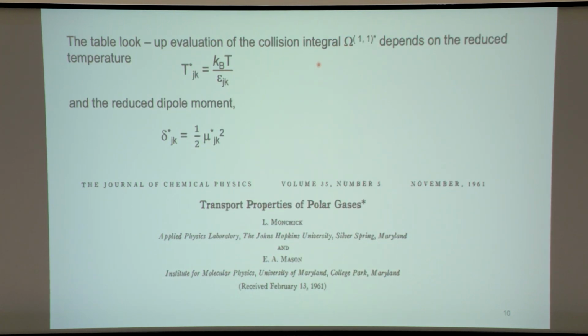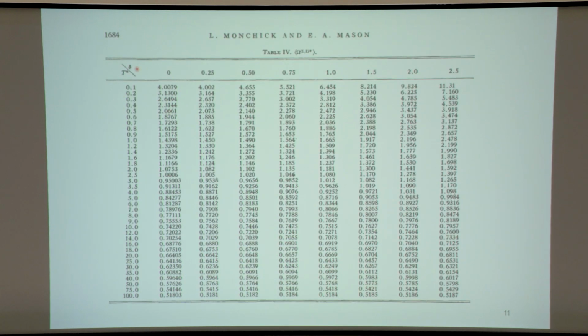These tables are available. This is a book from the 1960s, The Transport Properties of Gases by Monchik and Mason. They basically tabulate all these different collision integrals based on differences in potential well depth. So you have T star, you have dipole moments, and then you can calculate the potential well depth, and you can calculate this ratio of dipole moment over T star, and you can get these different collision integral values.